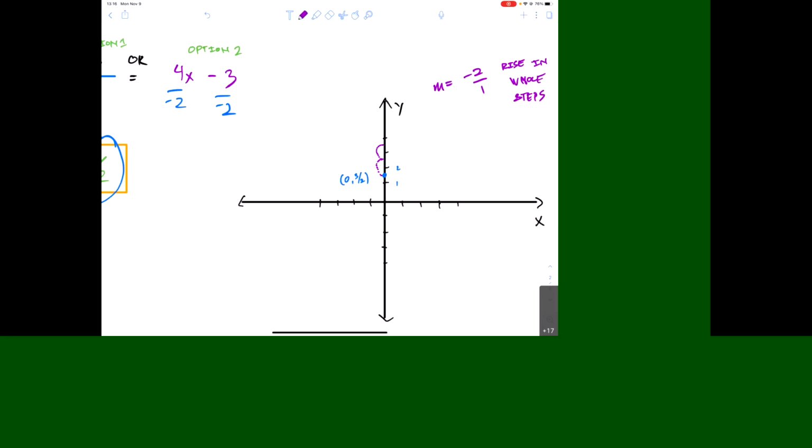In addition to that, when we rise, we always rise in whole steps. So you can see I rose up 2, and I ended up there at 3.5, and now we have to run 1, but in what direction, left or right?